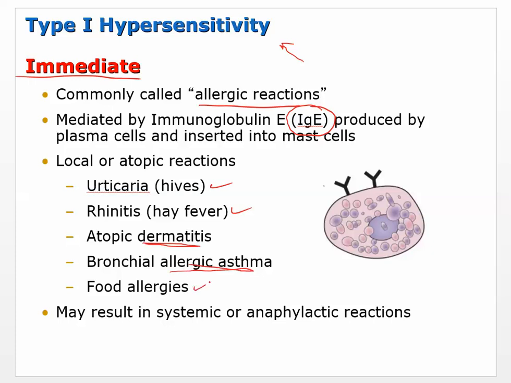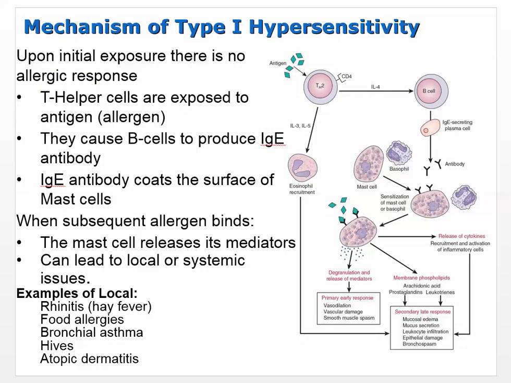Food allergies a lot of times fall into this category. Again, it comes down to whether it's a very fast response after ingesting whatever food it is. Usually it's local, but it may also result in systemic, or what we would call an anaphylactic reaction. So we'll talk about what that means as well.